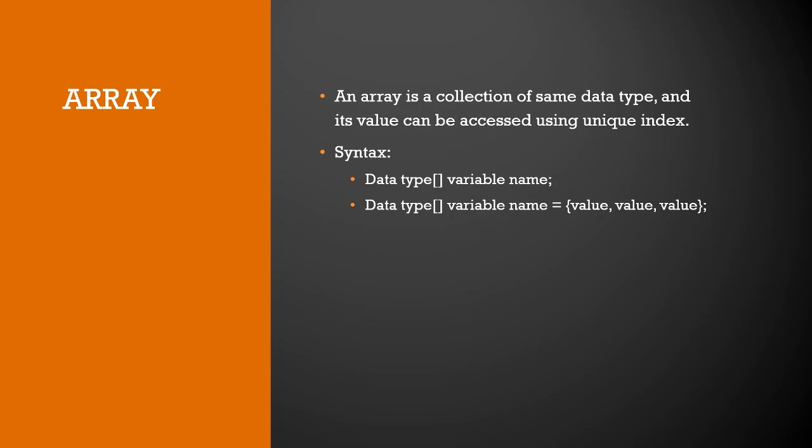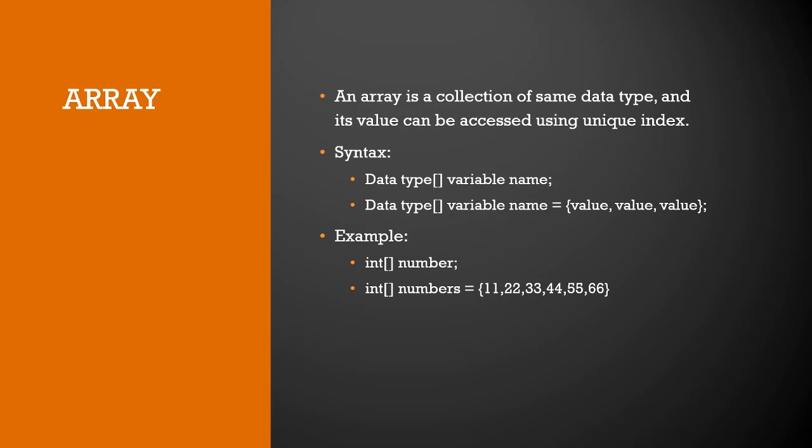The other way you can do is data type square brackets variable name equals to the values themselves. Let's see an example. int square brackets numbers. In this square bracket, you should write the size of the array. Let's see an example too. int square brackets numbers equals to 11, 22, 33, 44, 55, 66.